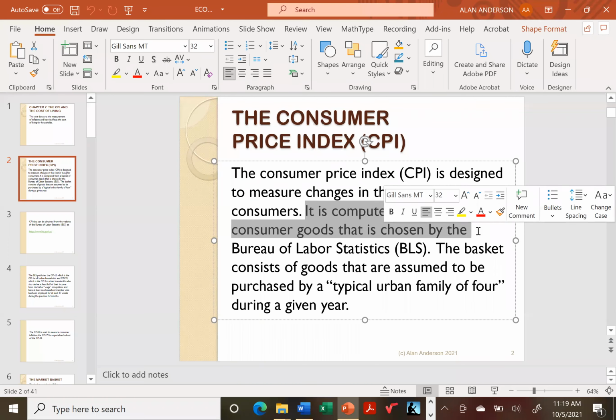And they use that basket to determine how much the cost of living is changing. So if the cost of that basket goes up by 5%, for example, during, let's say, the year 2021, that means inflation in 2021 was 5%. That's how they do it. All right. So they're trying to capture how much more it costs every year to buy that same basket.